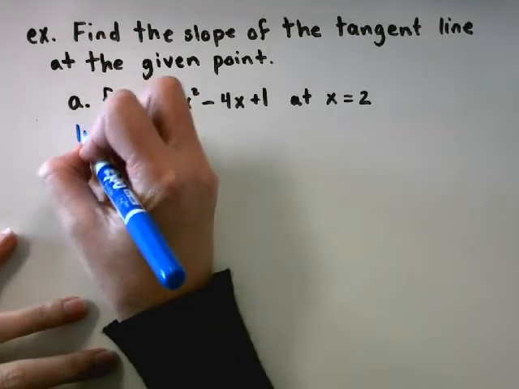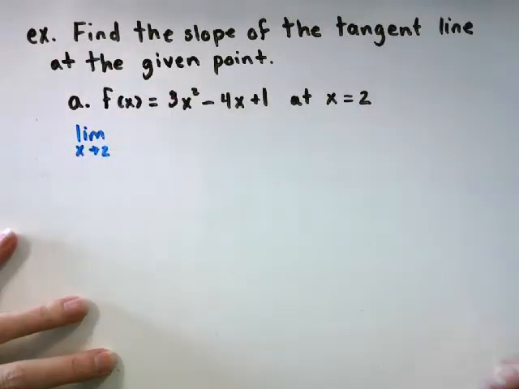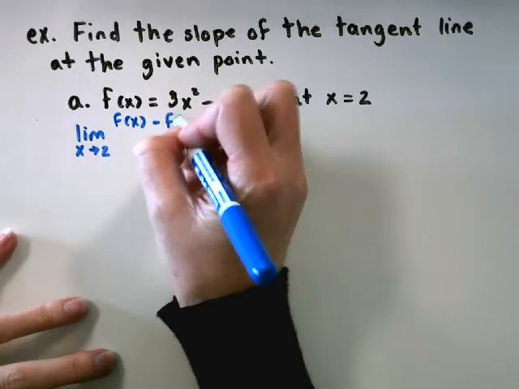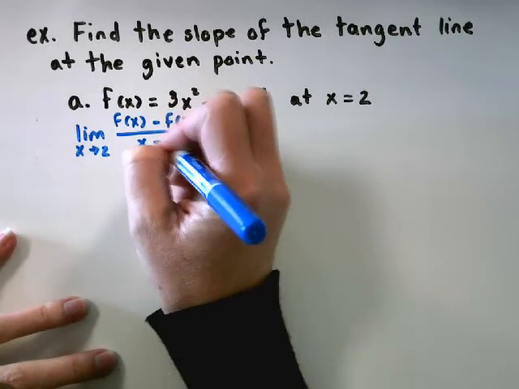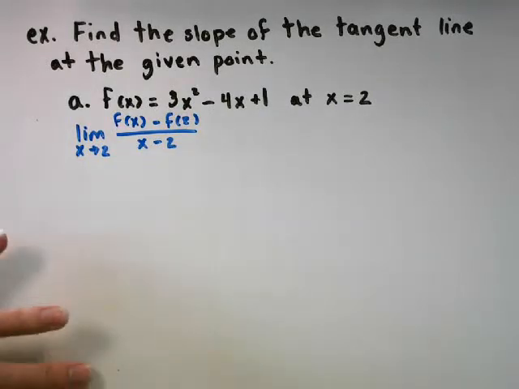So we want the limit as x goes to 2 of f of x minus f of 2 over x minus 2. Now this should seem familiar because you've done a bunch of these limits already. You just didn't know why you were doing the limits. Now you know what we're finding is the slope of the tangent line.